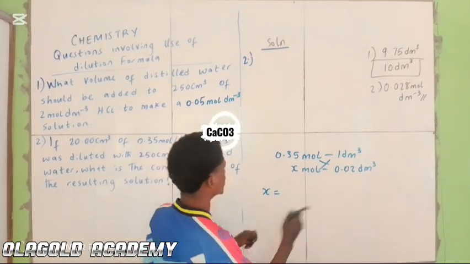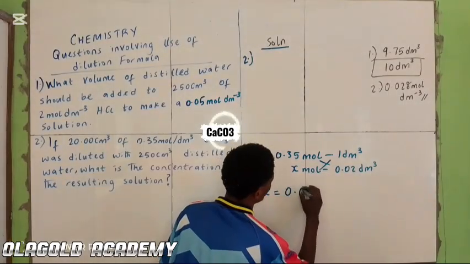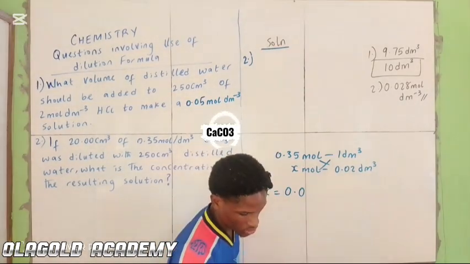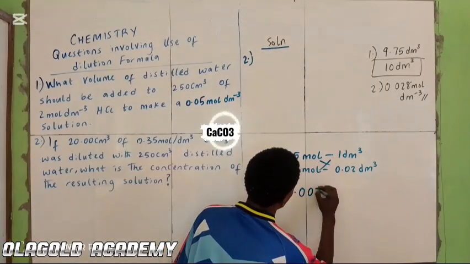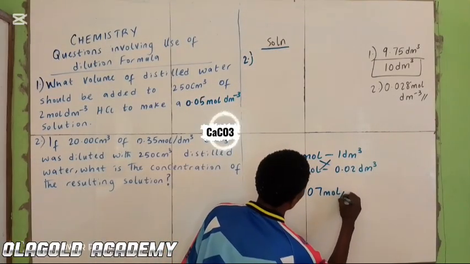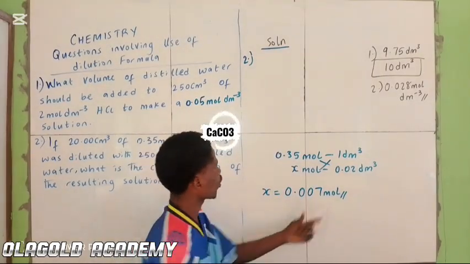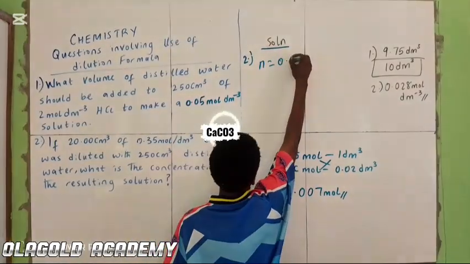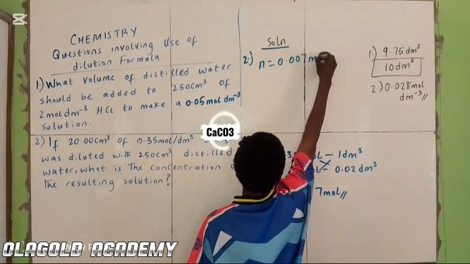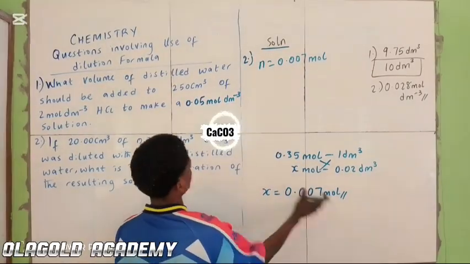So we're going to get 0.007 mole. So our mole equals 0.007 mole.